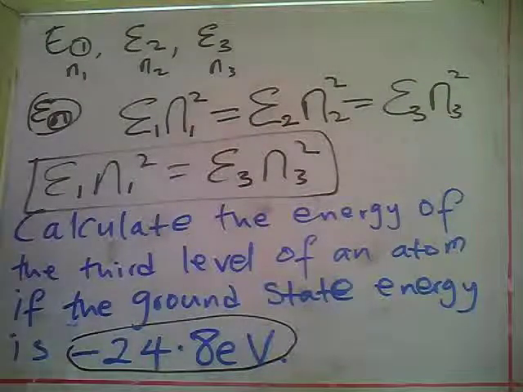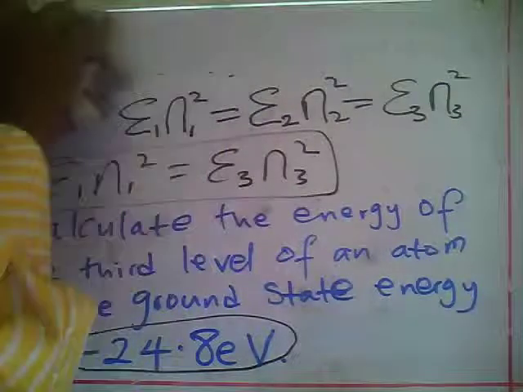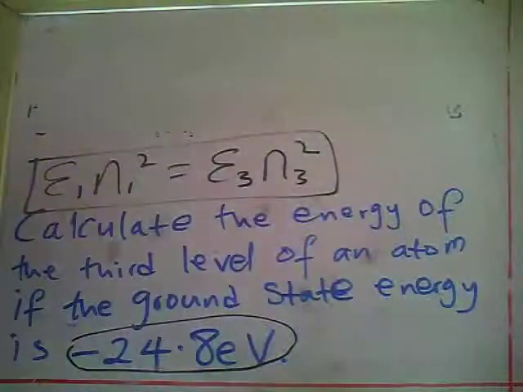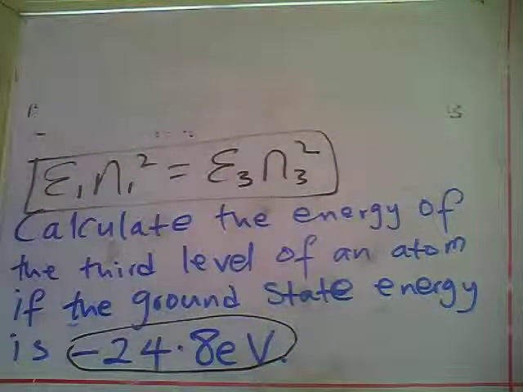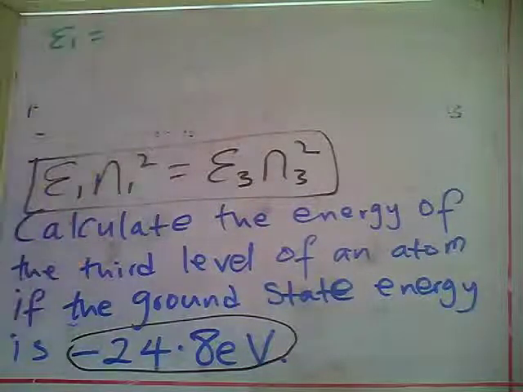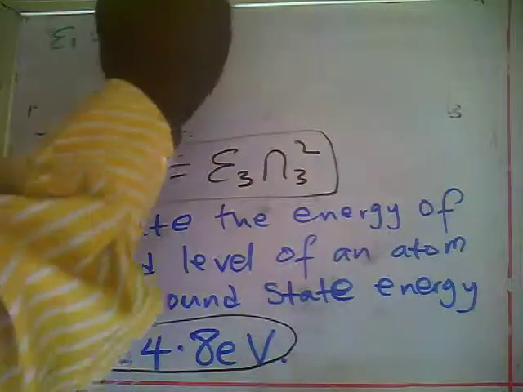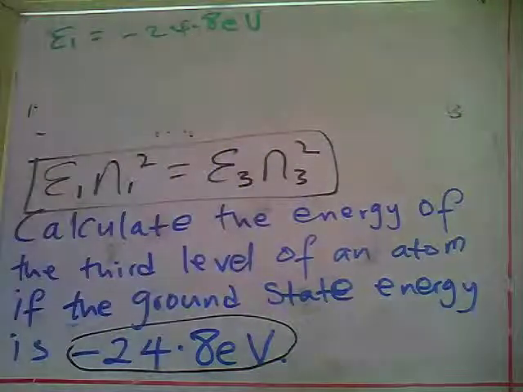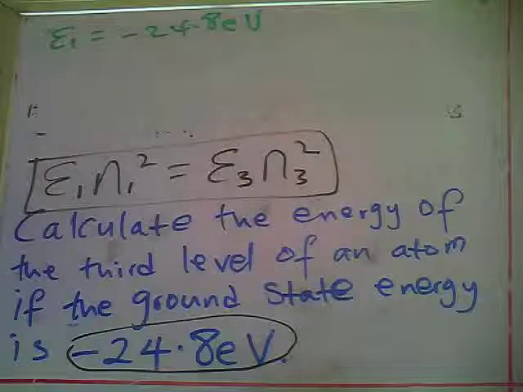To answer the question, we use that formula in the box. The energy at the ground state, E1, is equal to minus 24.8 electron volts. We are asked to calculate the energy of the third level.